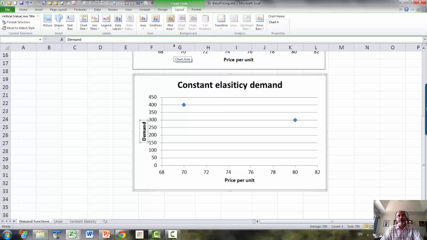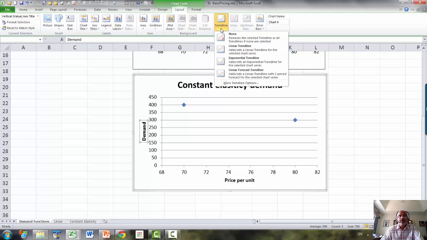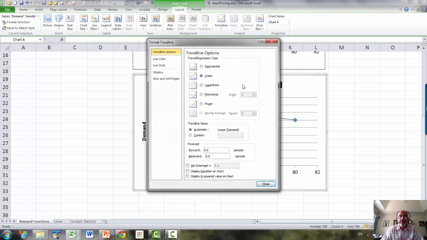Now we want a power trend line. So go to more trend options, select power, then display equation on chart.